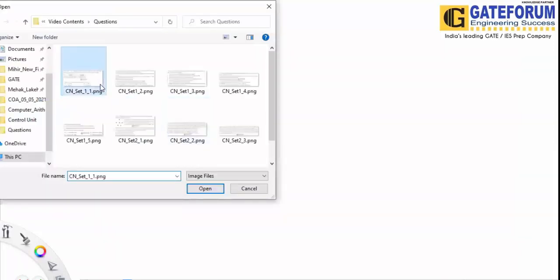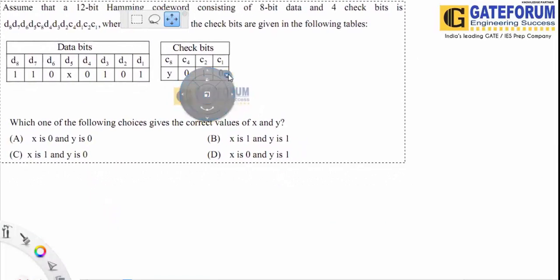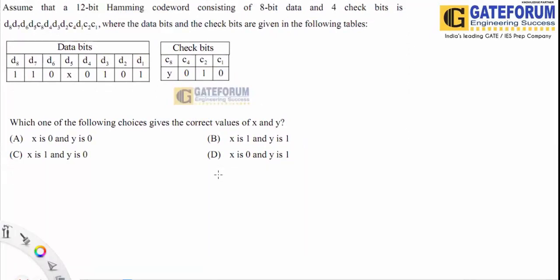First of all, we are starting with one of the most common and favorite subjects, which is computer networks. We will take the questions from CN one by one for understanding. So this is the GATE 2021 Set 1 CN question, belonging to computer networks.